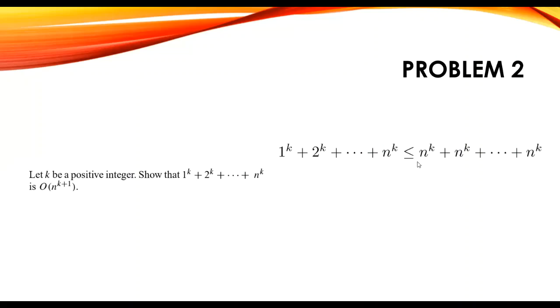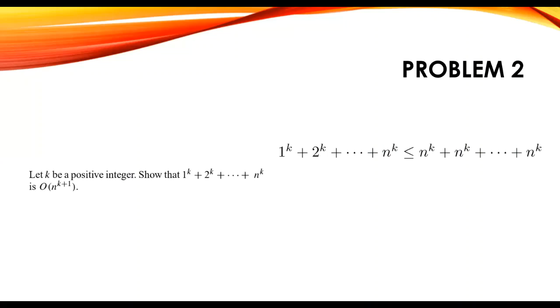Let's simplify this. How many n raised to k are we going to add? It is based on n, am I right? Since it's from 1 to n, the number of n raised to k is equal to n.